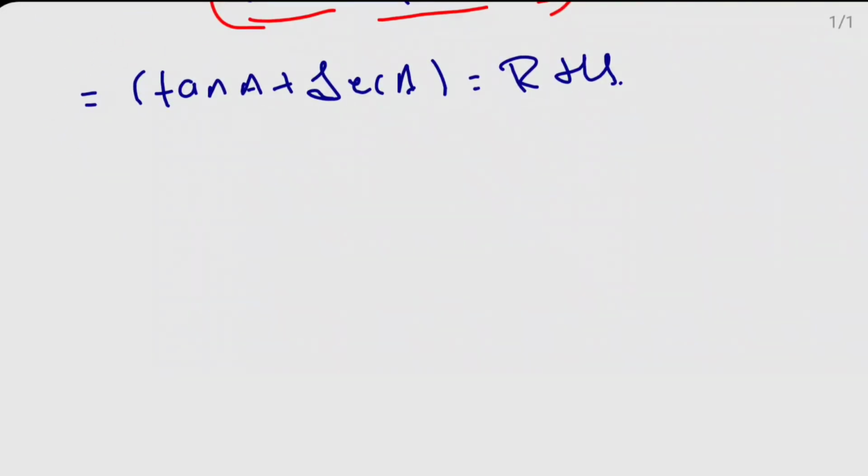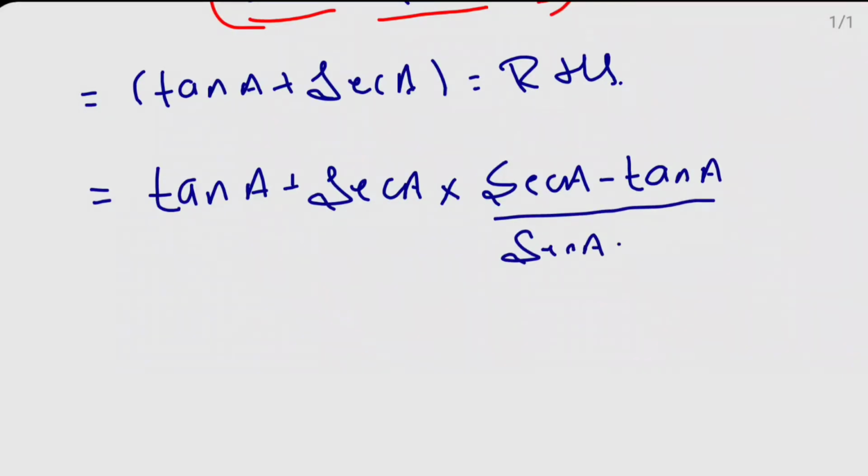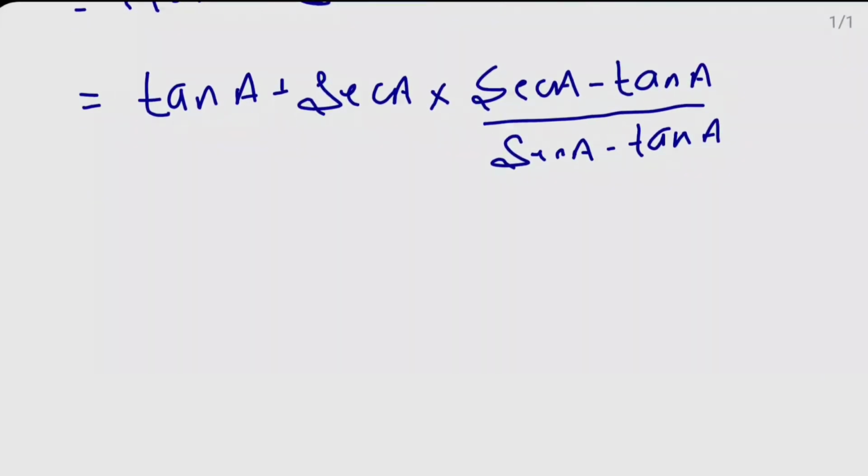So here we already proved tan a plus sec a, and now here I will make multiplication and dividing by sec a minus tan a, and divide by sec a minus tan a, and in the next step see here make multiplication here.